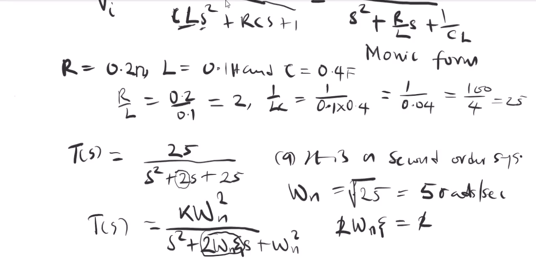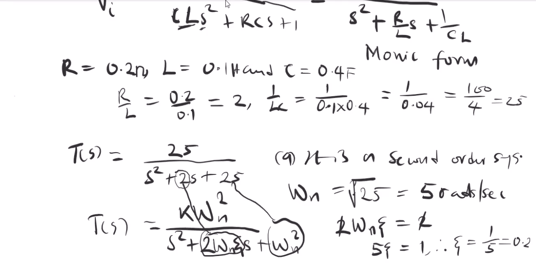So natural frequency is 5, and 2 times natural frequency times damping ratio equals 2, so the damping ratio equals 1 over 5, and 1 over 5 is 0.2. Remember, it's dimensionless, it's just a ratio.